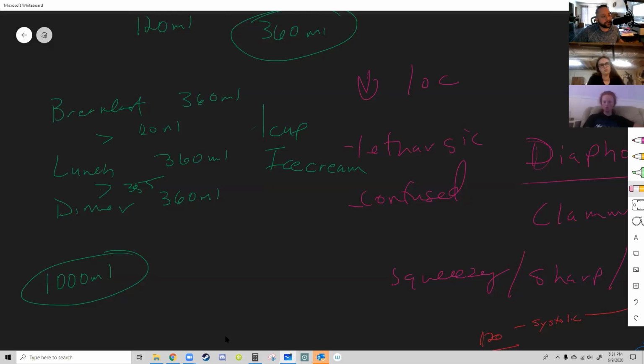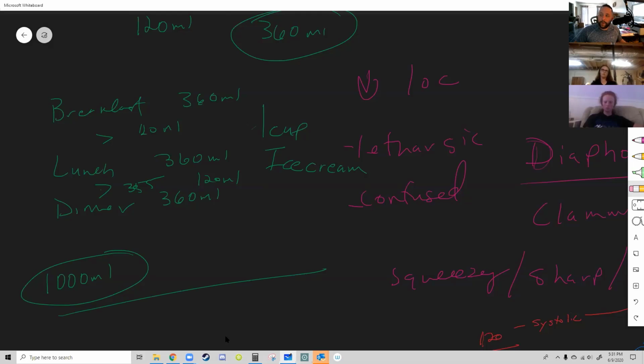If they had a cup of ice cream for lunch too, I need to add 120 mLs in there. Say they had a popsicle or sherbet or some kind of frozen treat like that, or a protein shake, or some chicken broth. All that's fluid that has to be accounted for. Ice cream's considered a liquid.